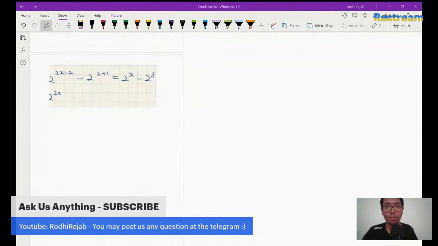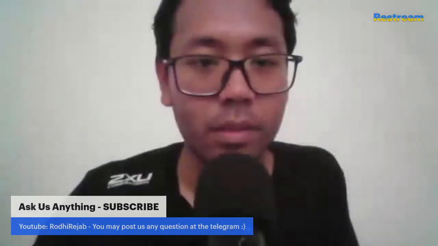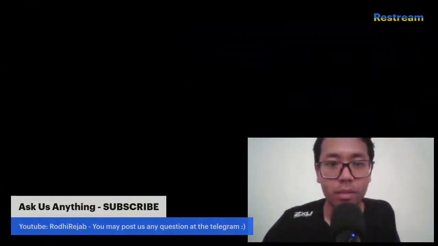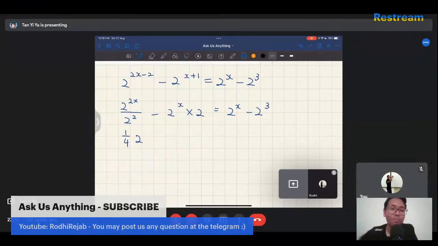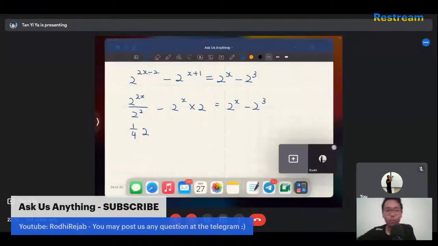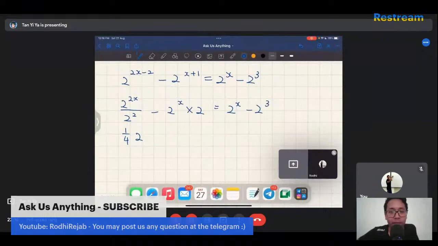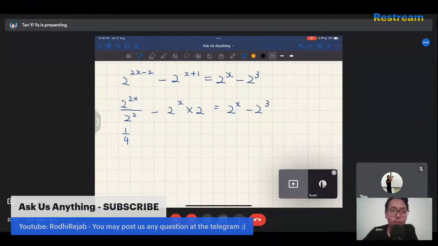Oh, they continue doing the work. So, good. Okay, so the left hand side, the 2x minus 2, they change it, they separate the negative 2 power to 2 squared, and same goes to 2 to the power of x plus 1, so the plus 1 now becomes times 2.